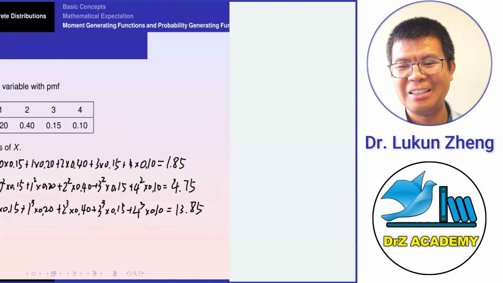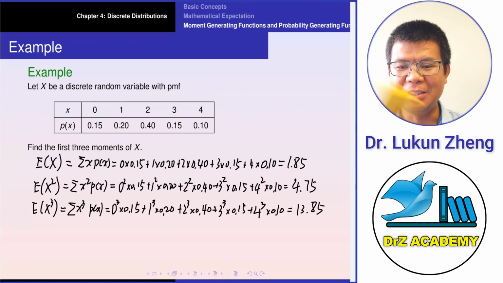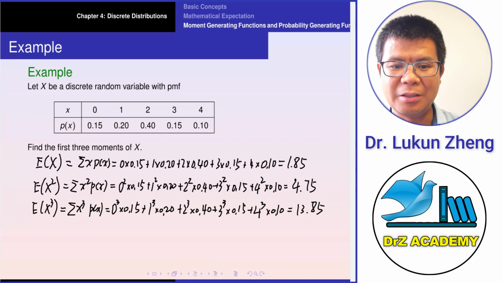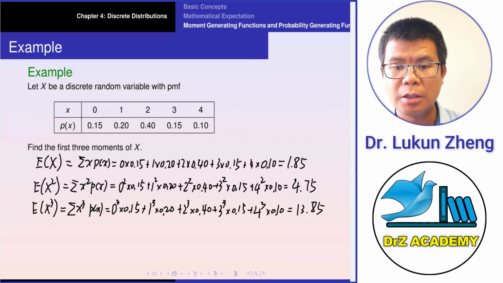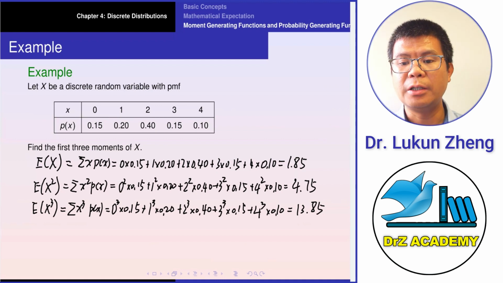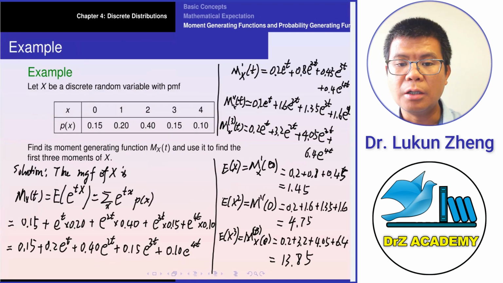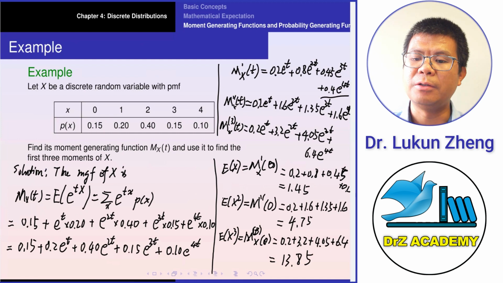So we found these. Oh, did we make some errors here? Let's see. I think I made some errors in the first moment. It should be 0.2 plus 0.4 plus another 0.4 here and plus 0.4 here, so I forgot one term. Then it is going to be 1.85.